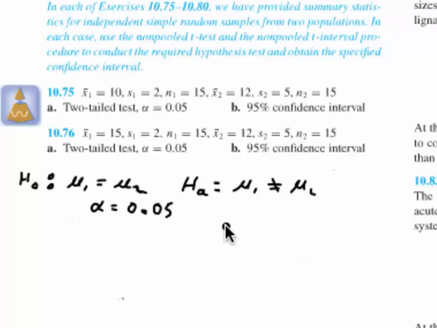So let me try to make this into an example here. This is not a great example, but say you have two typing classes.